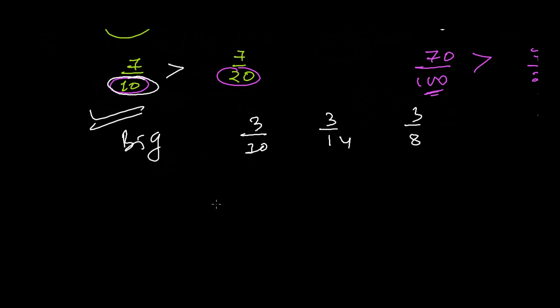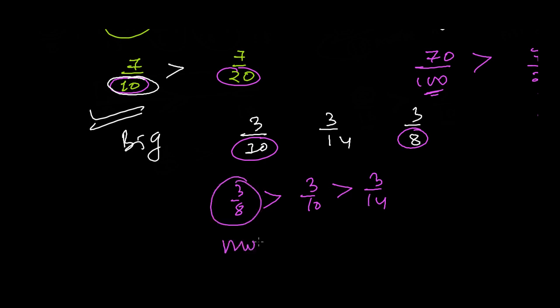The biggest number means the one with the smallest denominator. So 3 by 8 is the biggest one, and after that the next smaller denominator is 10, so 3 by 10 is bigger, and after that 3 by 14. So 3 by 8 is the biggest among these three, and then the others follow. This is how you separate which one is bigger and which one is smaller.